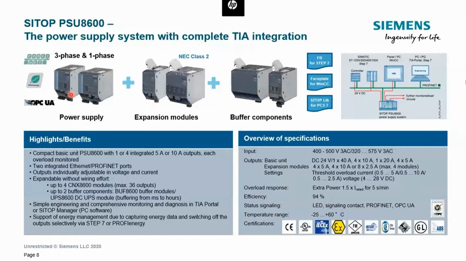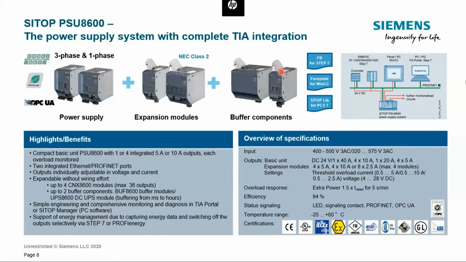Again, everything is connected via the DC link here, so there is no wiring in between the components. And because of this interface, you have the capability of centralized configuration, monitoring, and control of the individual output channels.